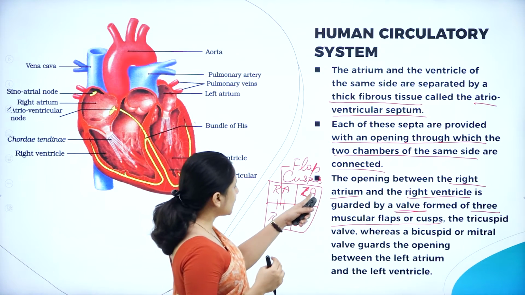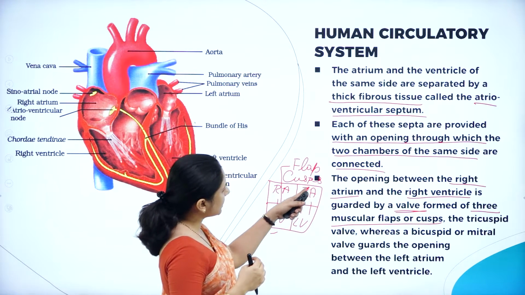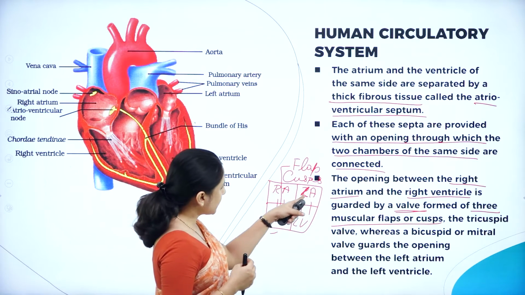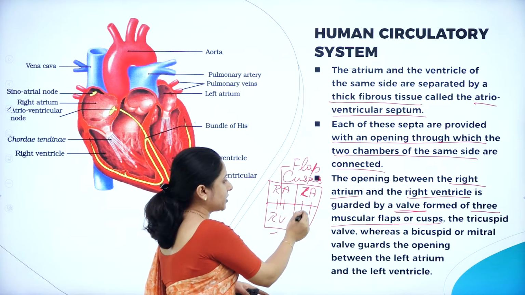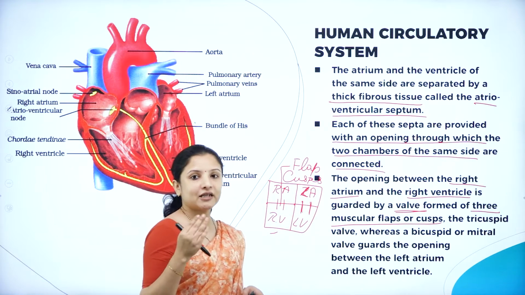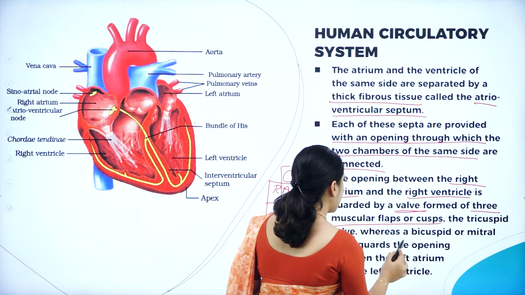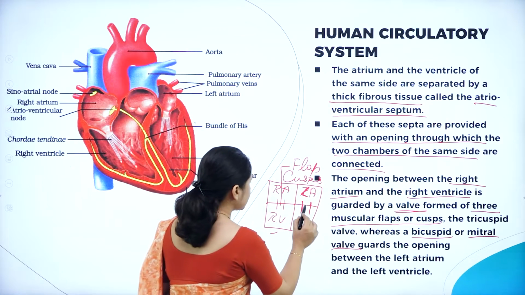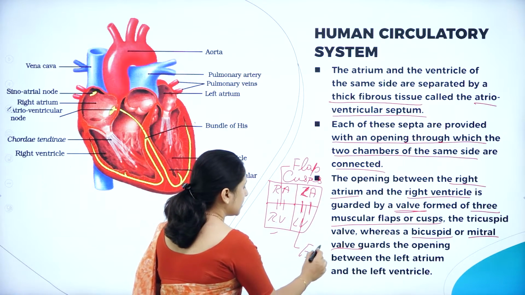Next, talking about the left atrium and the left ventricle. The left atrium and the left ventricle are separated by the atrioventricular septum, right? Though they are separated by an atrioventricular septum, there is an opening between these two. This opening is also guarded by a flap. That flap is called the bicuspid or the mitral valve.